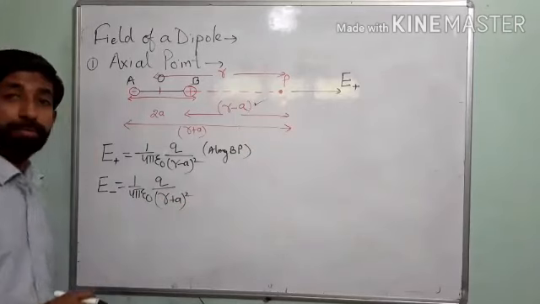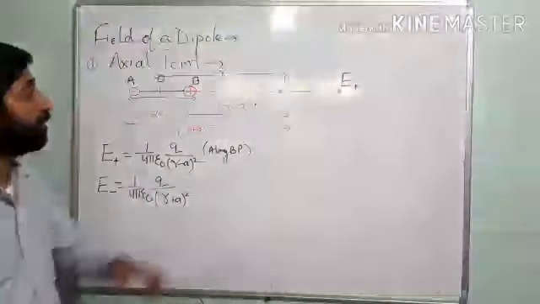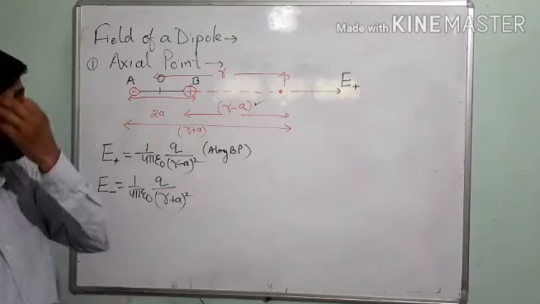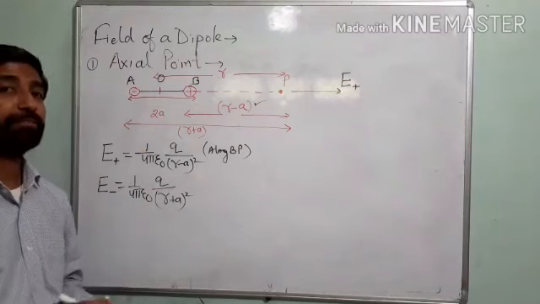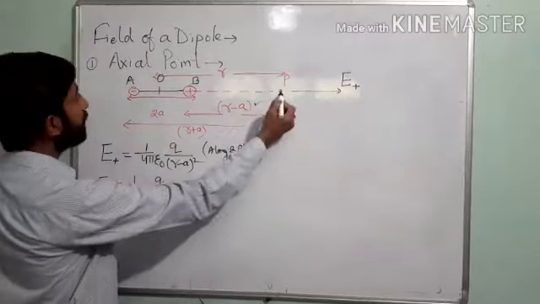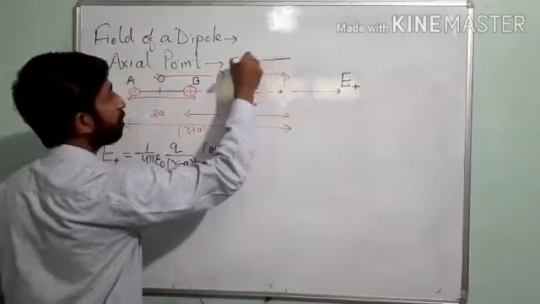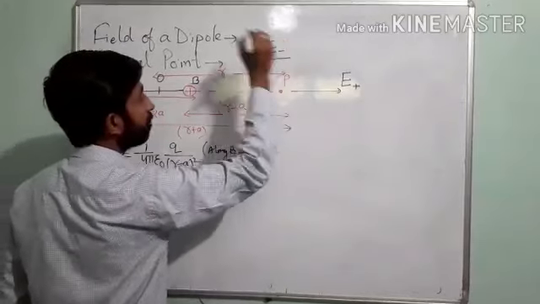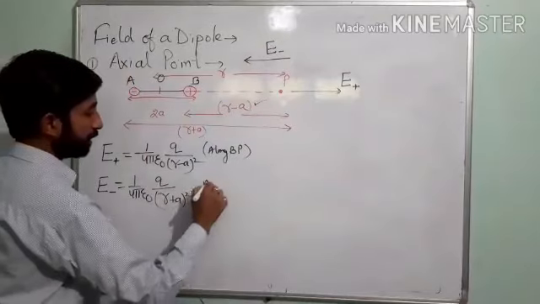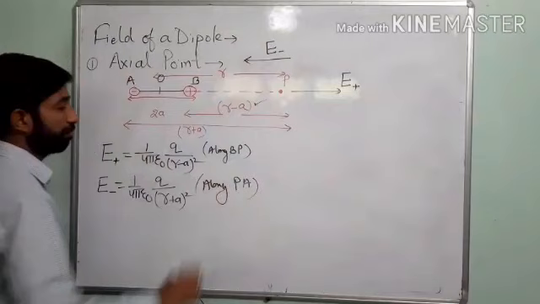And what will be the direction? The direction will be towards the negative charge. Electric fields are of different nature if the charge has a different sign. So the electric field will be P to A, so this will be E minus along PA.